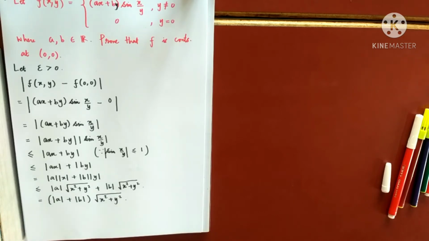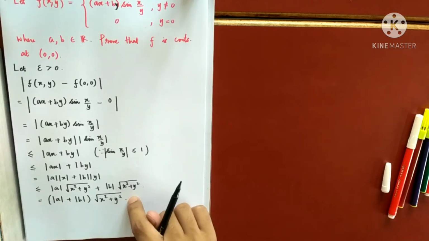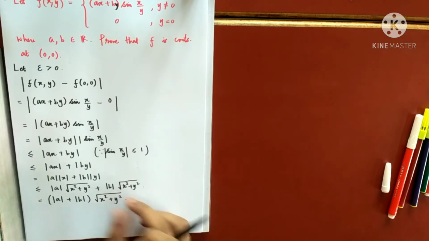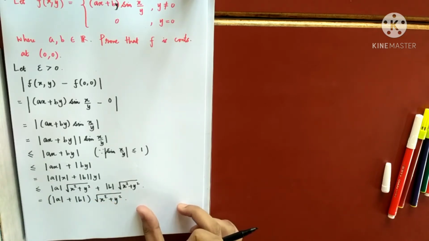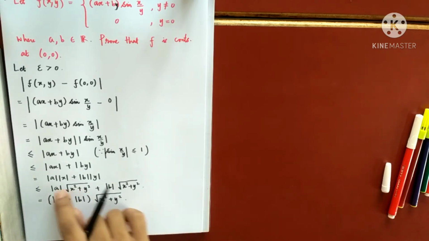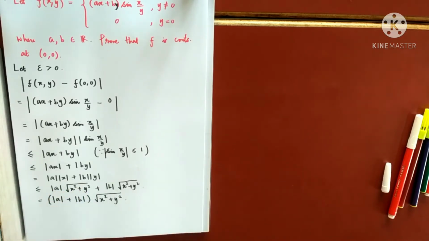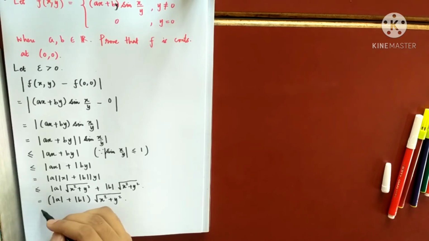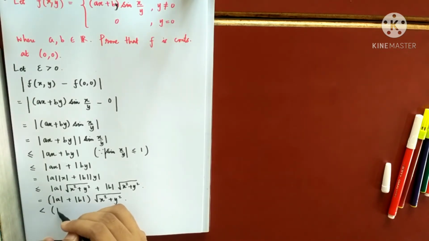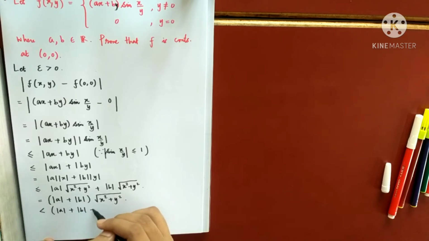Right? Now you see, this is less than epsilon whenever root over of x square plus y square will be less than epsilon by this quantity. But you see one thing, this may be 0 at times, because if a and b both are 0, then this quantity will be equal to 0. In that case, how will you divide with 0? By the way, when a and b are 0, the function will be identically 0. But anyway, to be on the safe side, I will write down that this is less than (mod a plus mod b plus 1).